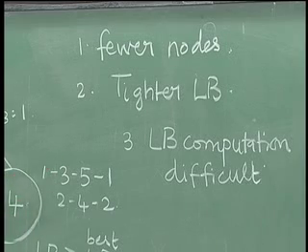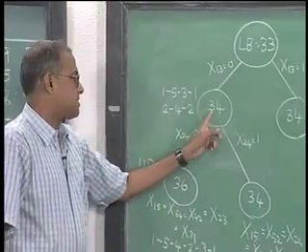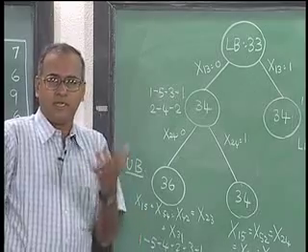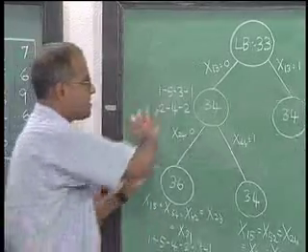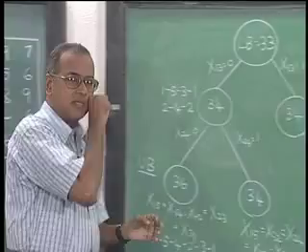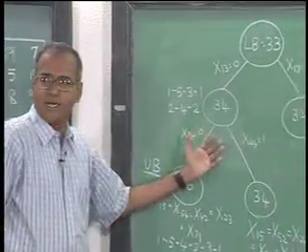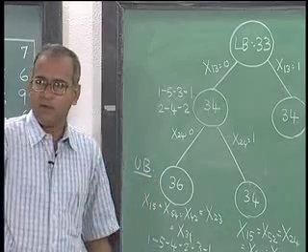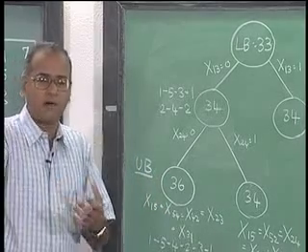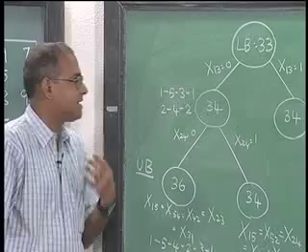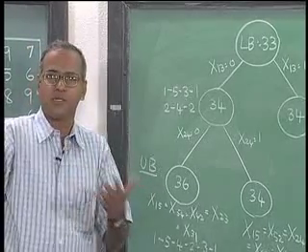Here it takes more CPU time or computational time every node, because we are solving an assignment problem in every node. So, in terms of number of nodes, which means in terms of memory requirement, this is slightly better than the earlier branch and bound. But in terms of speed or time taken to evaluate each node, the earlier one was faster.